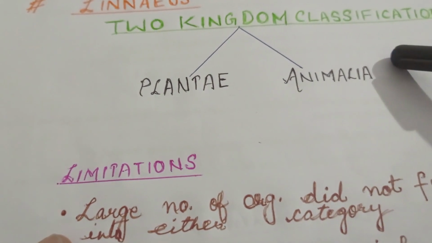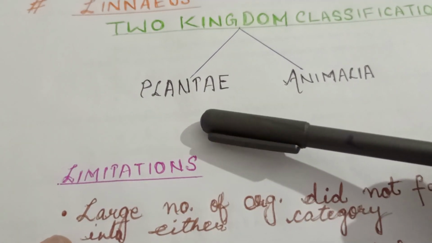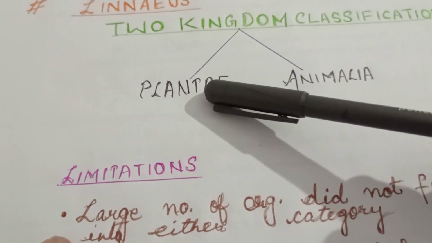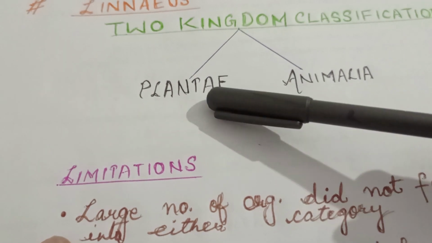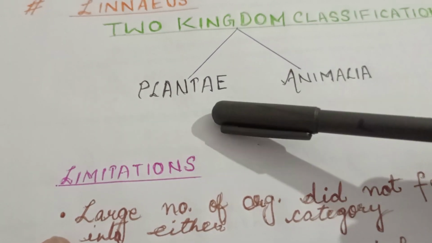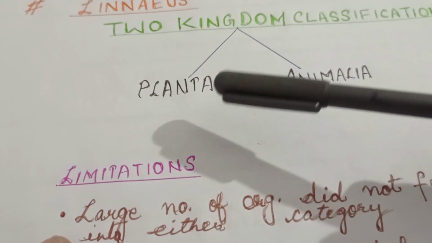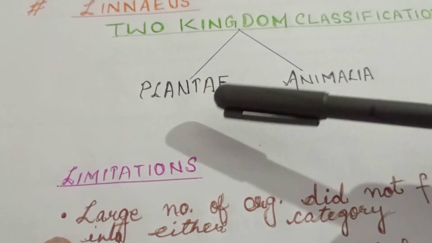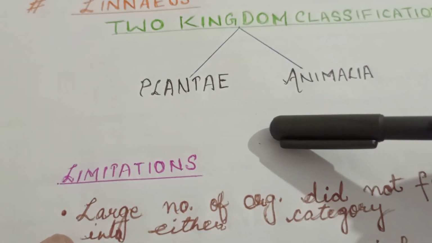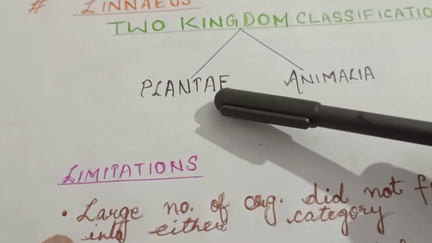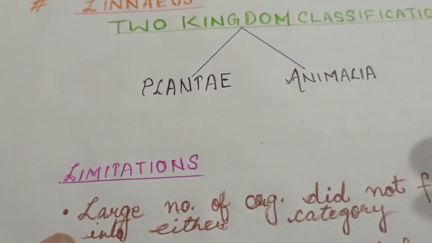But many organisms had a cell wall yet had many different characteristics because of their cell structure, mode of nutrition, and body organization. So though they were grouped in Plantae, they were not like plants.